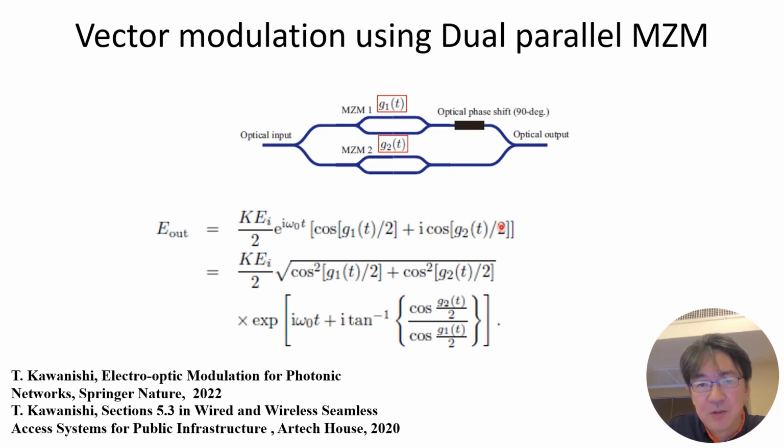And this part shows the sine component. The i means the 90 degrees phase shift, so this component corresponds to the imaginary part. And the imaginary part of the intensity also can be controlled by this factor. So we can achieve the two-dimensional modulation. We call it vector modulation.